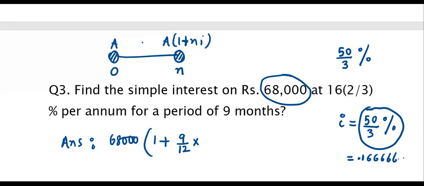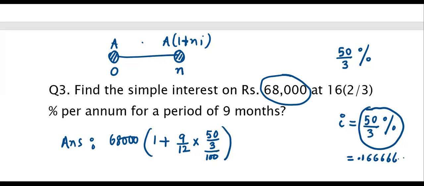You just divide it by 100, because 50 by 3 will be 16 point something. I've divided by 100, I got this. So let's not divide by 100 at all. You can write this way: 50 divided by 3 divided by 100. And then you will get directly, you need not write 0.16666.